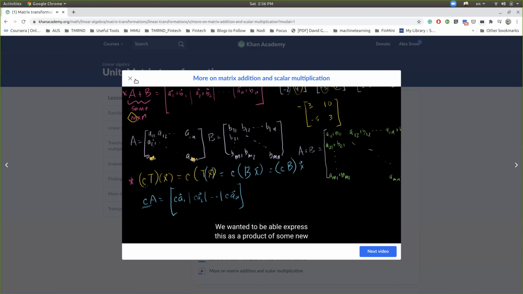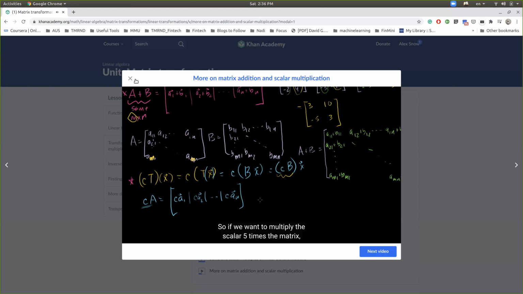We wanted to be able to express this as a product of some new matrix and a vector, because any linear transformation should be expressible in that way. That's why we made this definition. Now let's apply it, and I wanted to show you that this is perhaps even simpler than matrix addition.